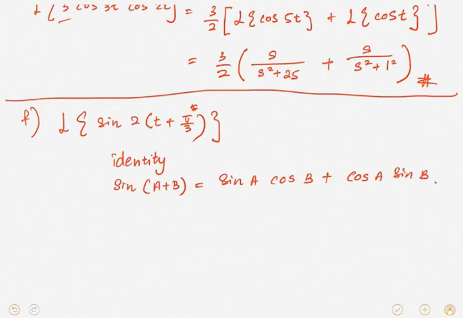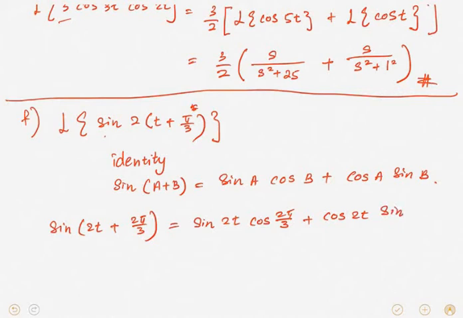Now we have sin 2t plus 2 pi over 3, which is equivalent to sine 2t cos 2 pi over 3 plus cos 2t sine 2 pi over 3.